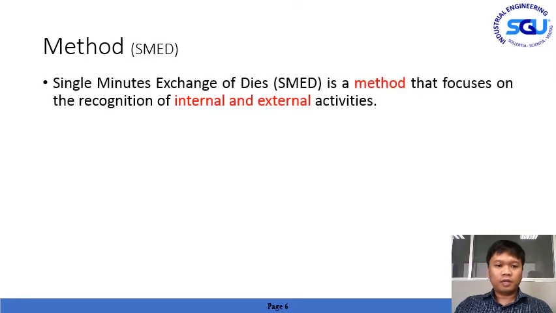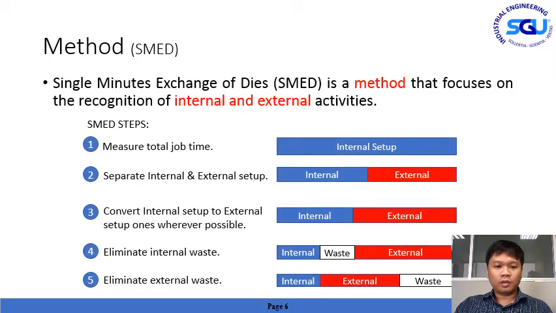Single minute exchange of dies, or SMED, is a method that focuses on the recognition of internal and external activities. These 5 steps are the general steps for SMED. First we measure the total internal setup, then we separate the internal and external setup, and then we eliminate the internal waste and the external waste.